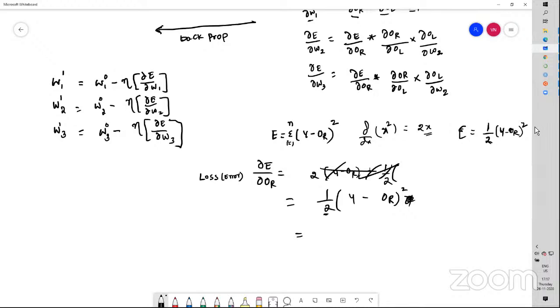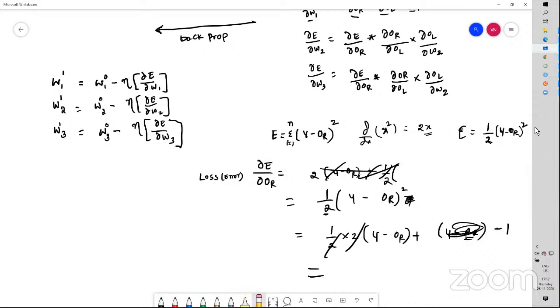Now we need to derive this. When we derive this, what happens? 1 by 2 into 2, so this 2 comes here: y minus OR. I just made a mistake in deriving that. And then when we derive the inner part y minus OR, it would be 1, so this is going to be minus 1.